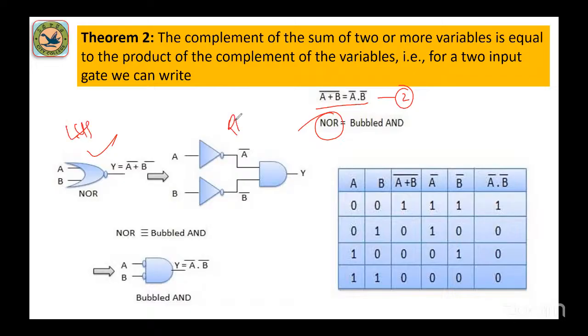What is the RHS? A bubbled AND gate, a NOT gate followed by an AND gate, that is A bar dot B bar. Here also the LHS and RHS give the same values, 1 0 0 0, by applying these conditions.